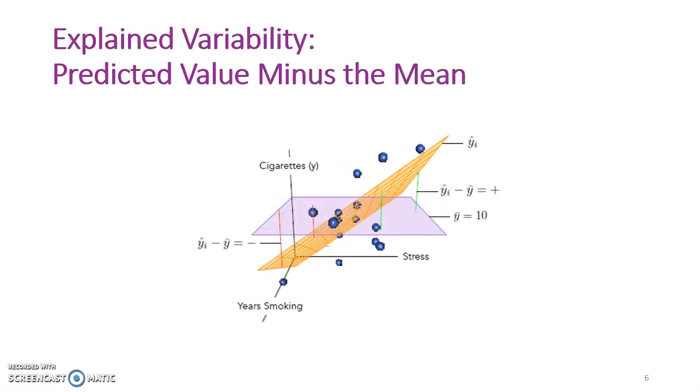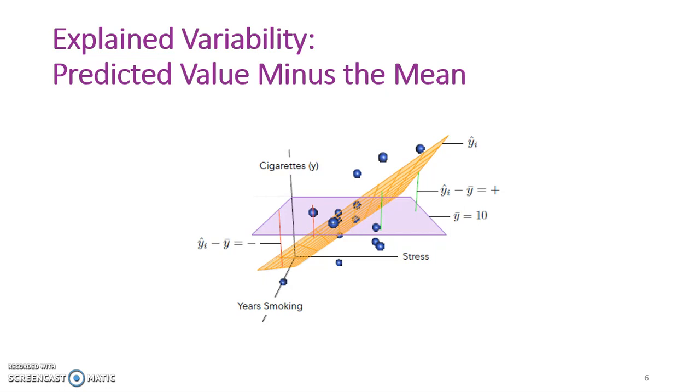Now, if we think about explained variability, essentially how much variability is being explained by the model, the regression surface represents the alternative predicted model for the alternative hypothesis.